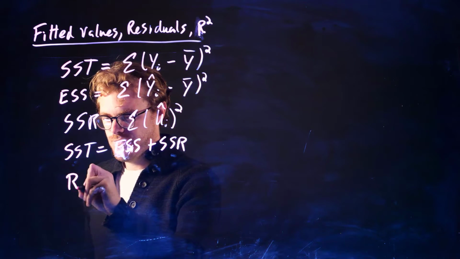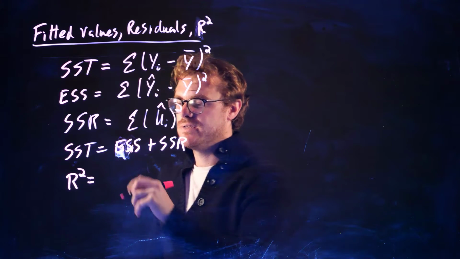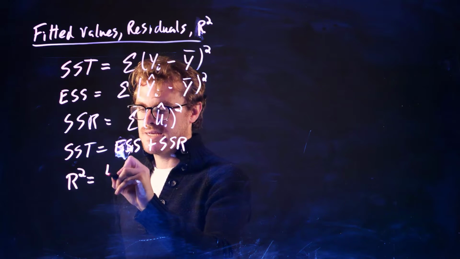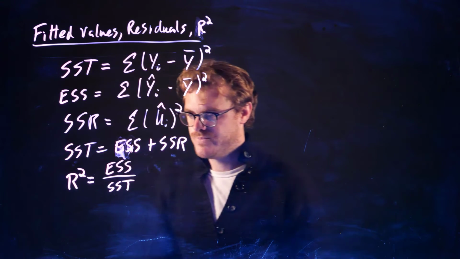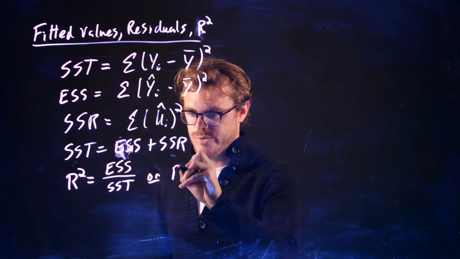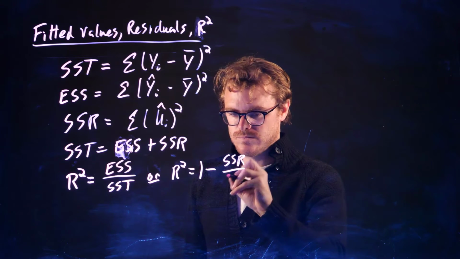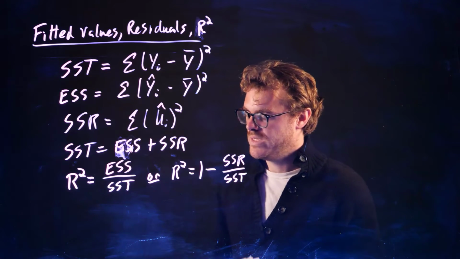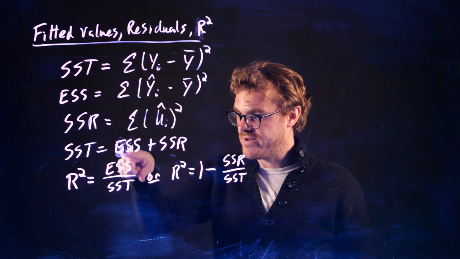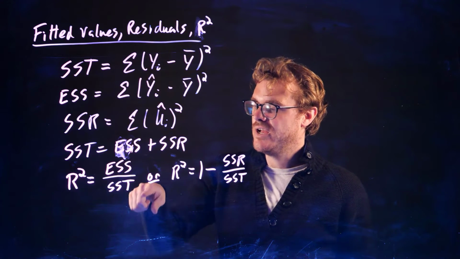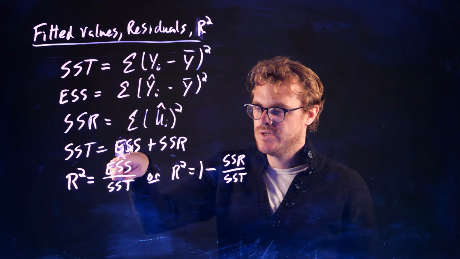And just like before in simple regression, our R squared, or our goodness of fit, is equal to the explained sum of squares over the total sum of squares, which we can write two different ways. Either ESS over SST, which gives us the percentage of the total variation in y which we're explaining through our regression.